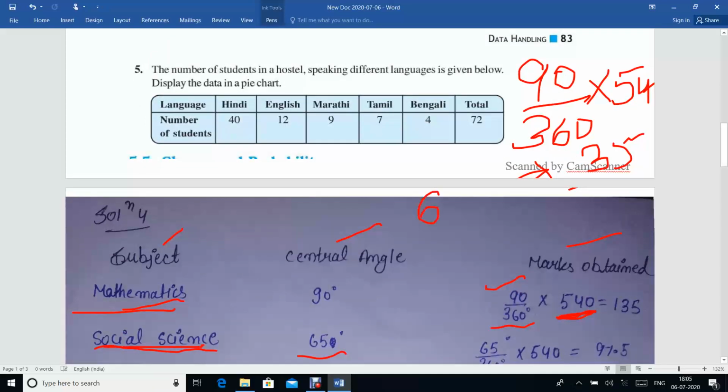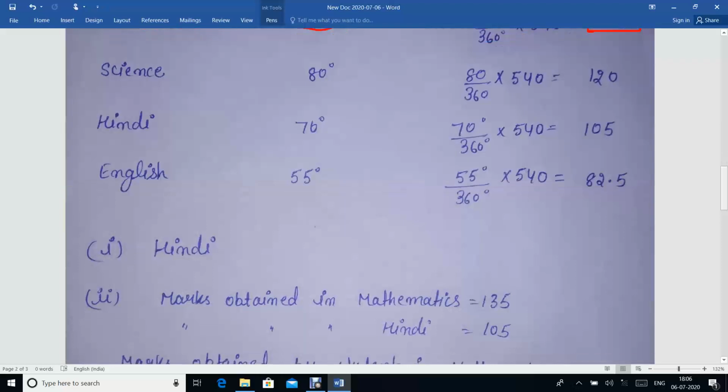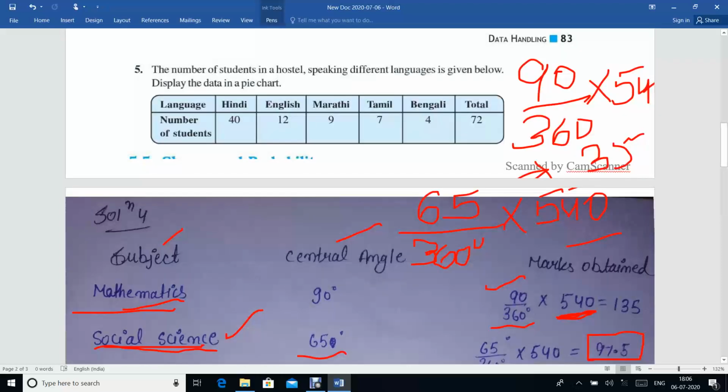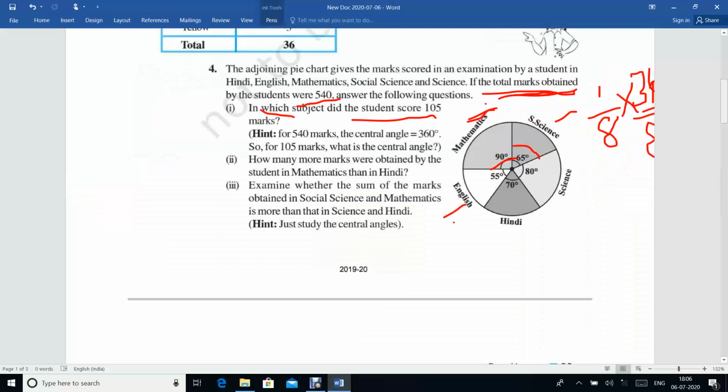This time you put 65 degrees in the numerator and 360 degrees in the denominator, multiplied by total marks, that is 540. After solving that, you will get 97.5 as the marks obtained in social science. For the next subject, science, you can see in the question that the central angle is 80 degrees.